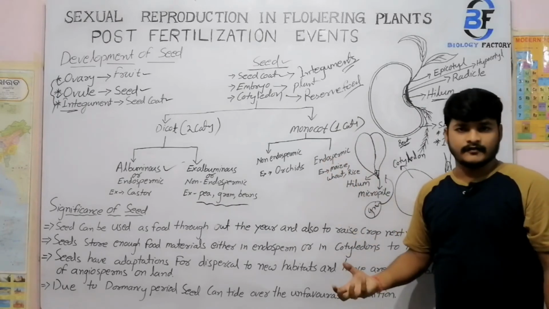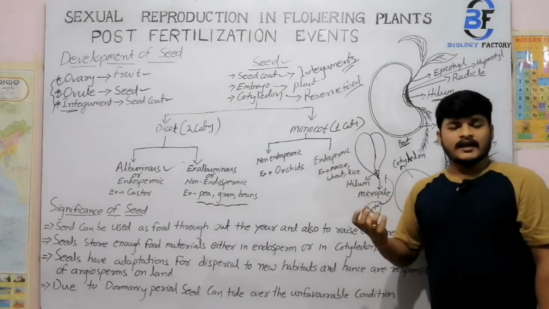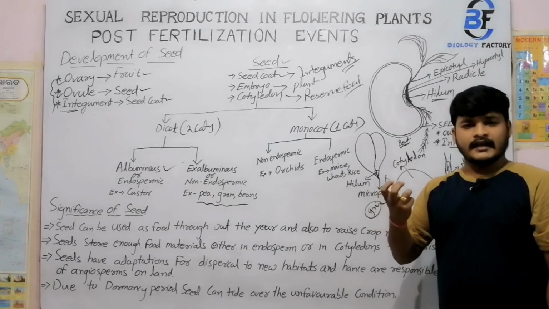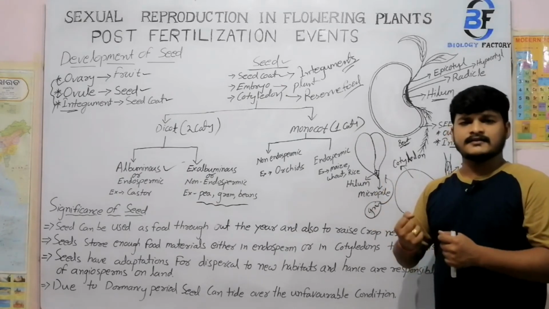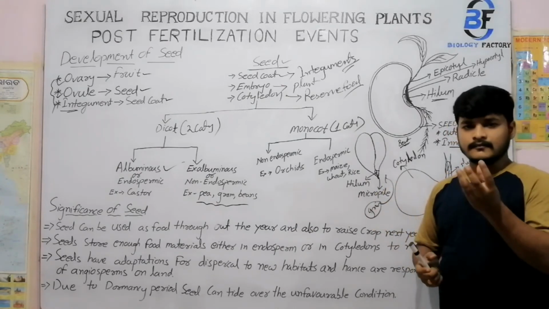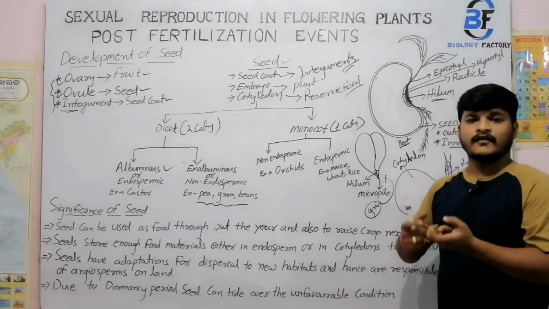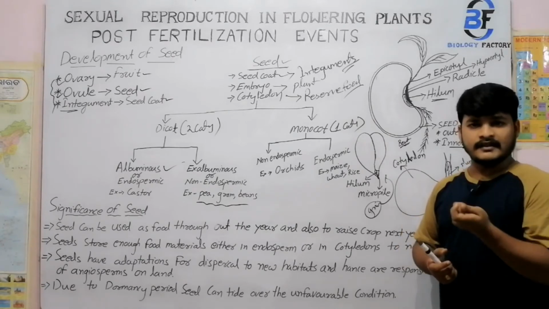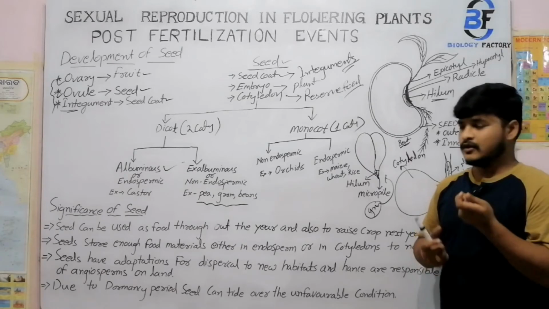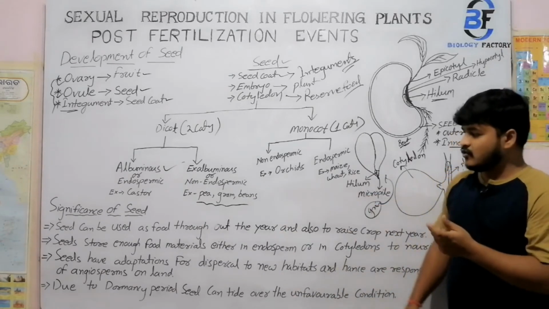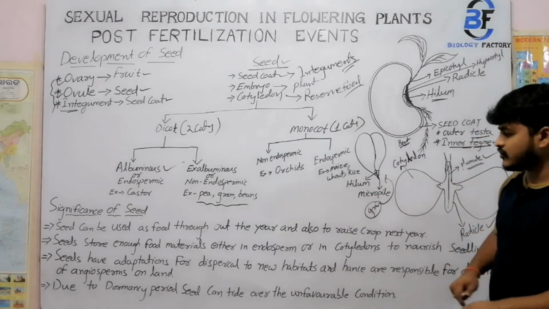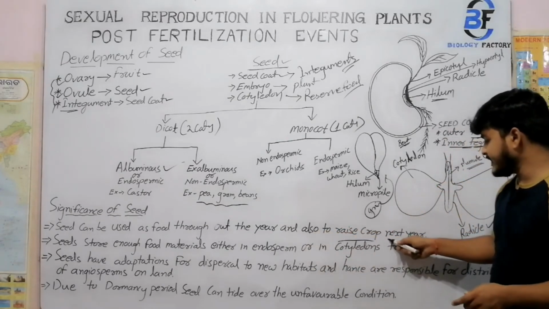Next, the significance of the seed. We already studied the significance of the seed. The seed is the main structure for the formation of a plant, because from the seed only the total plant is formed. So seed can be used as food throughout the year and also to raise a crop next year.